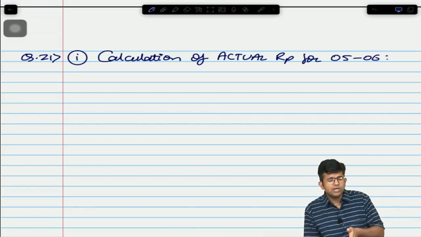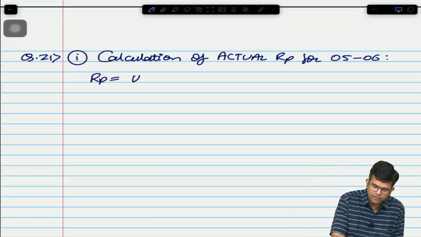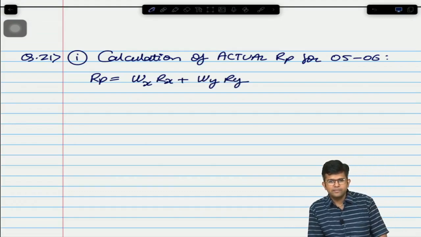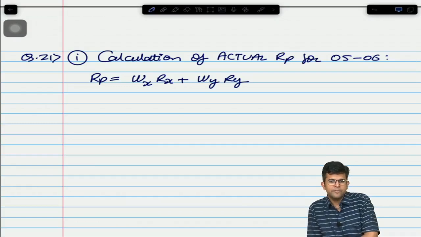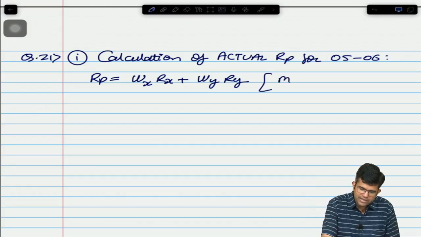On 1/4/2006, that is 1 year later, they are asking you in this year, what was the return on your portfolio? Students, can I say return on portfolio will be WXRX plus WYRY. Do you agree with me? WXRX plus WYRY. Everyone listening, no? Okay. Where I can say M is X and N is Y.